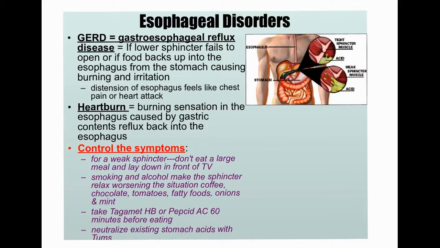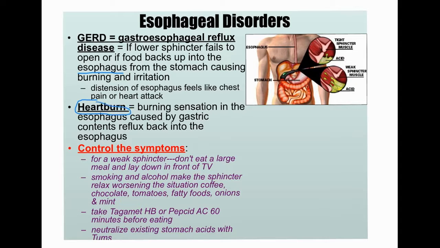But if it opens and it's not supposed to, that can cause food to come back up into the esophagus. And since that food from the stomach is now filled with hydrochloric acid, obviously that's going to burn and cause irritation to your esophagus. It can feel like chest pain, and some people even think they're having a heart attack if it's a severe case. And also everybody's heard of heartburn.